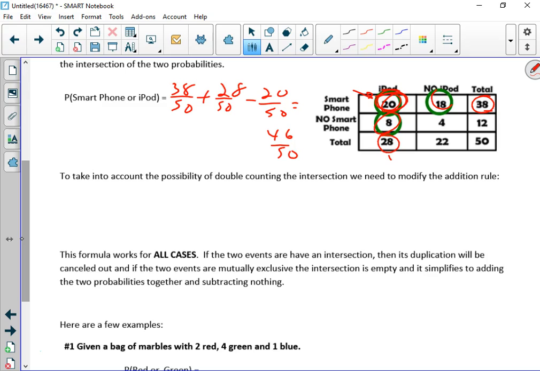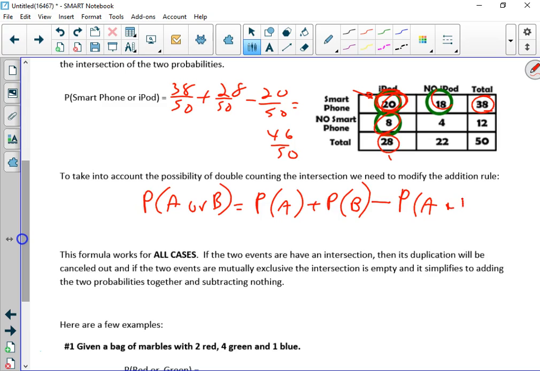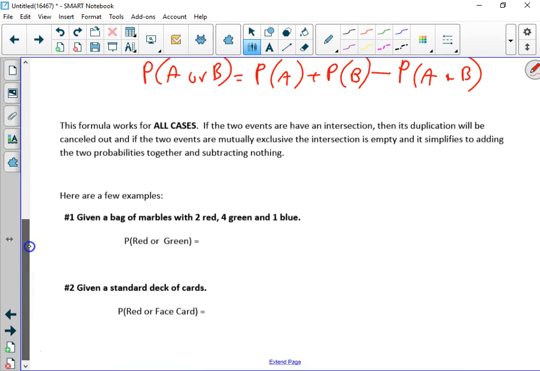So to take this into account, we need to modify our addition rule. The probability of A or B is equal to the probability of A plus the probability of B, which is great, but we have to subtract the repeat, the probability of A and B. I kind of already hinted at that in the previous notes.